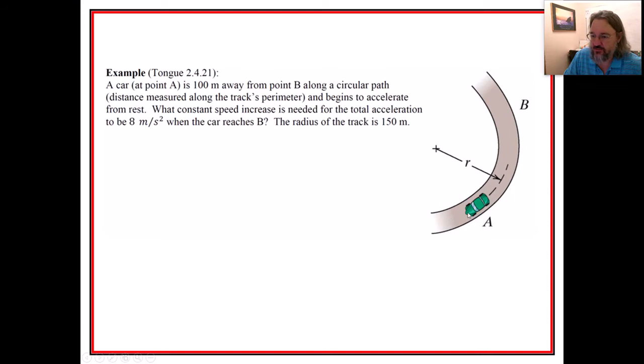I would think that was the front of the car. But anyway, it begins to accelerate from rest. What constant speed increase is required for the total acceleration to be 8 meters per second squared when the car reaches B? So he must be driving upwards and to the right.